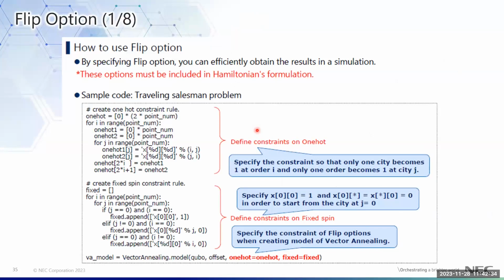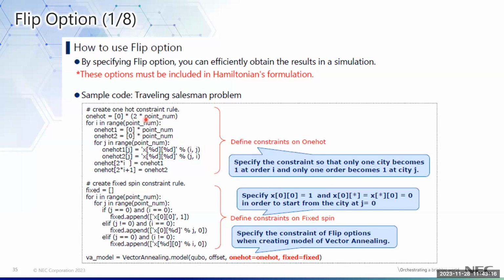Now, this is where we introduce some flip options. For the sample code, the first constraint that we are including is a one hot constraint. The one hot constraint basically means that only one city becomes one at order i, and only one order becomes one at city j. So you're applying this constraint where you're making sure that only one variable can be one at a point.